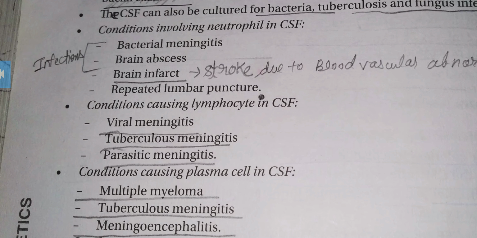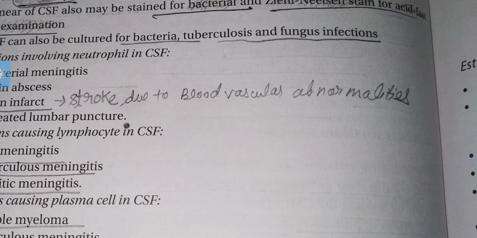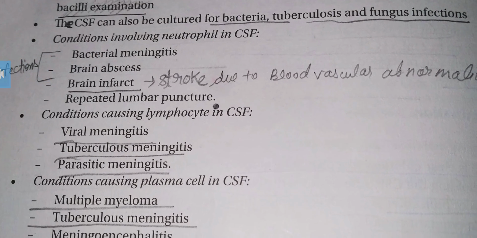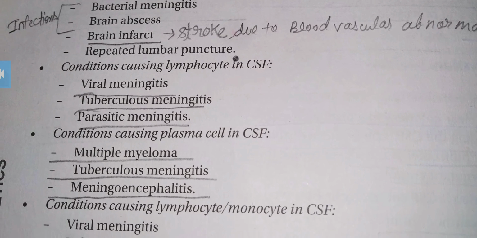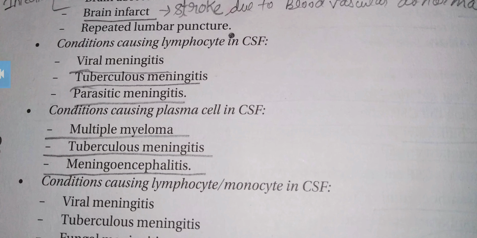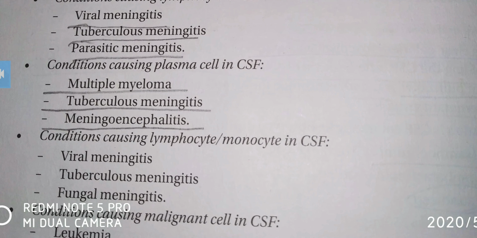Then brain infarct, a type of stroke due to vascular abnormalities. Then repeated lumbar puncture. Conditions causing lymphocytes in CSF are viral meningitis, tuberculous meningitis, and parasitic meningitis.